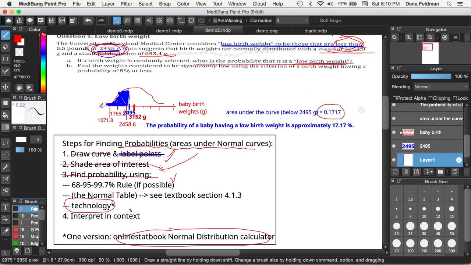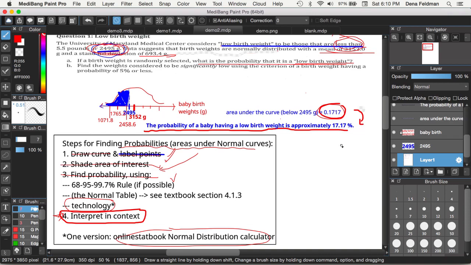Now the only thing left to do, and the most important thing that really needs to be done, is that you interpret the number that you get. You interpret it in context. And that's what I'm doing here. When I say the probability of having a baby with low birth weight is approximately 17%, that is me taking the number 0.1717 and reminding myself, what does that actually represent?